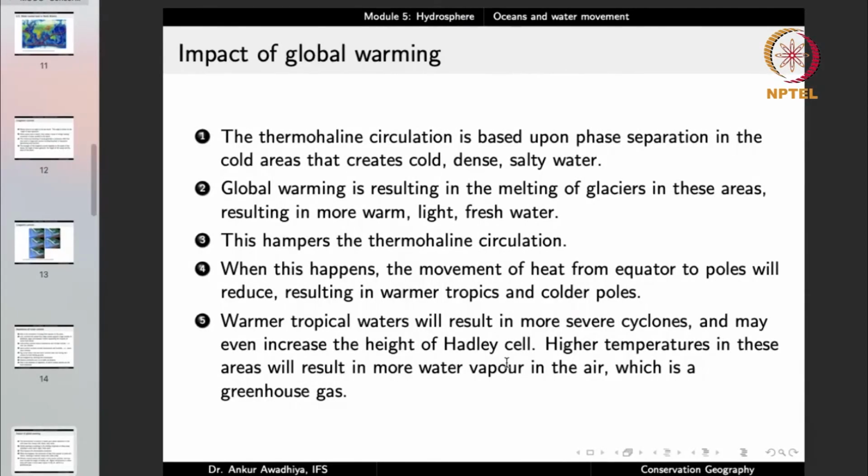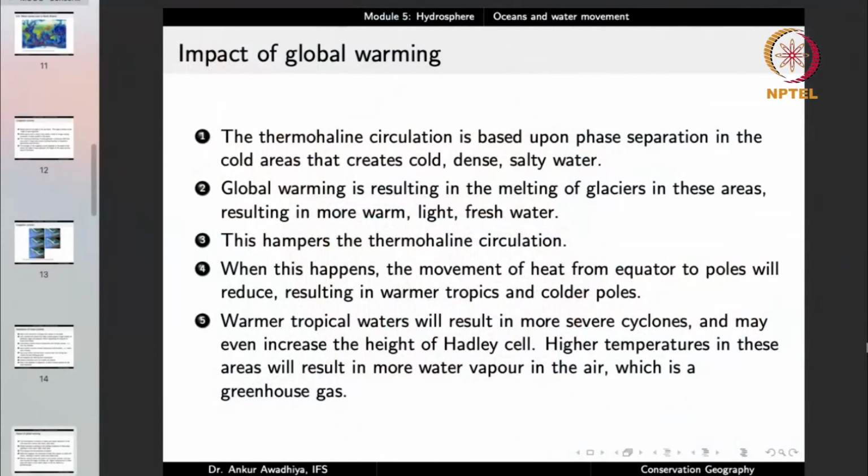And it may even increase the height of the Hadley cell. Why? If the areas are warmer, then we will have larger convection currents in the atmosphere. That would increase the size of the Hadley cell. So we will have changes in the atmosphere as well. And higher temperatures in these areas will result in more water vapor in the air, which is a greenhouse gas.